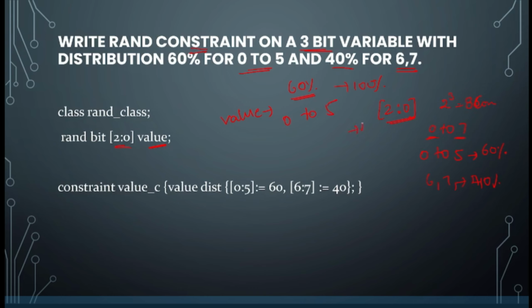And the remaining 40% of the time you should have values like 6 and 7. That means 0 to 5 should come more frequently compared to 6 and 7. So that is 6 and 4.